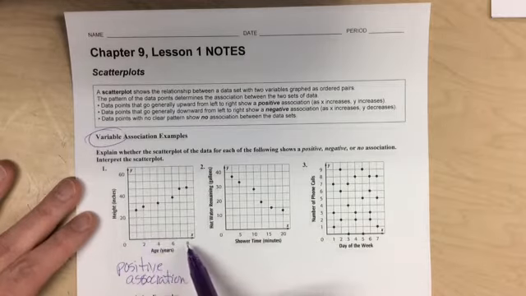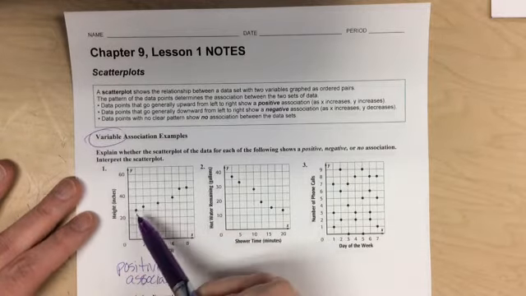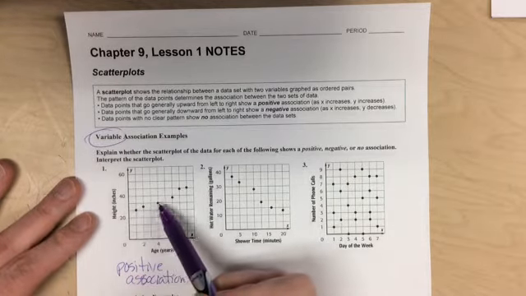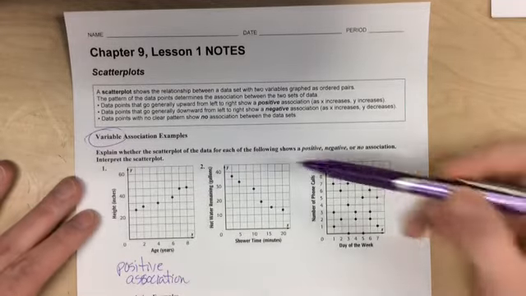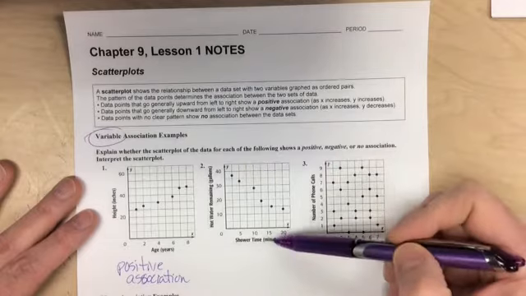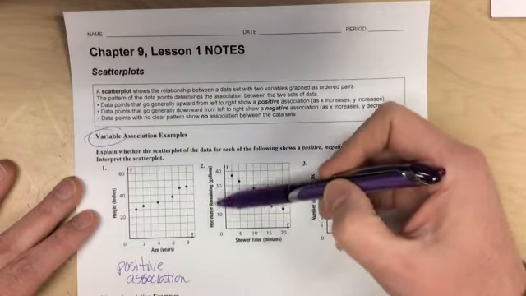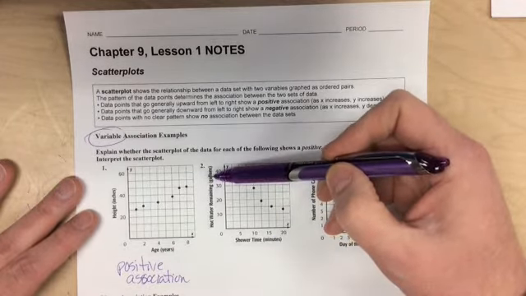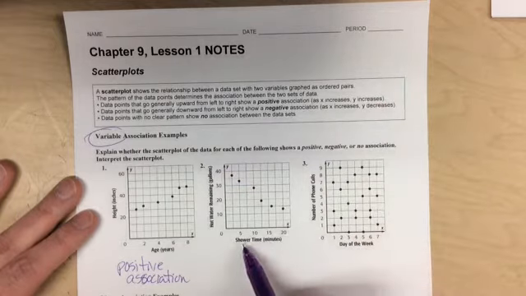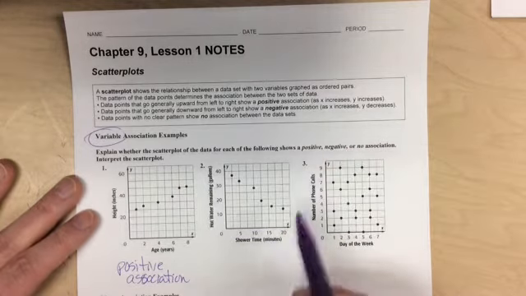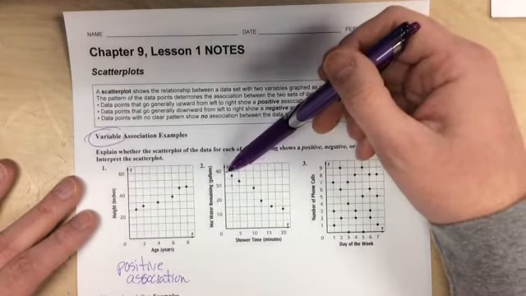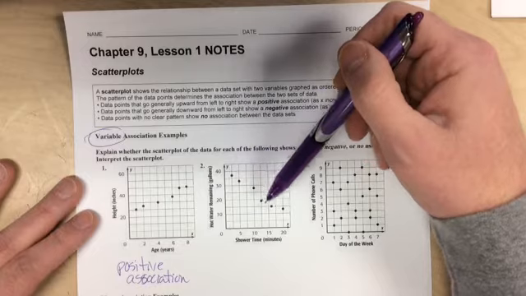Because as X increases, Y increases, and you can see that the line kind of goes up as we go from left to right. Now the next example we look at is shower time and hot water remaining left in the water tank. Okay, so how many minutes I take a shower and how much hot water is left for the next person. So you can see that the plots generally go downward from left to right.